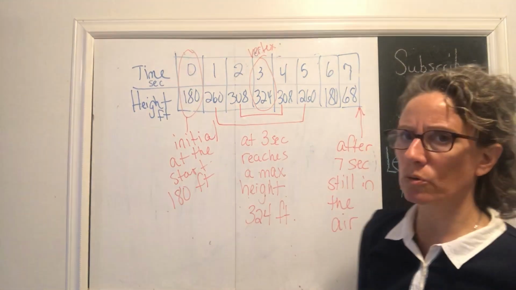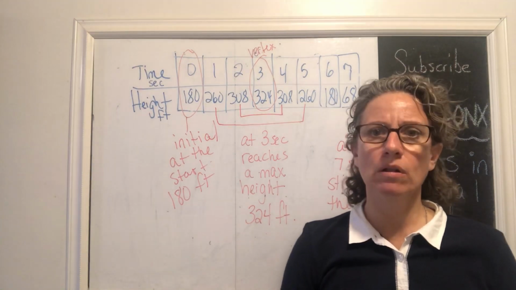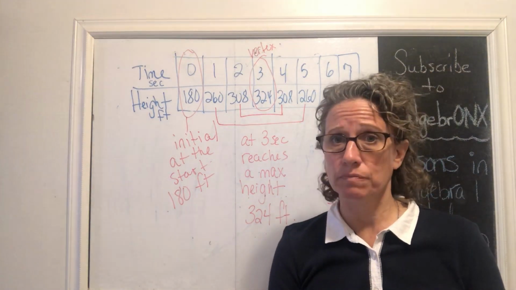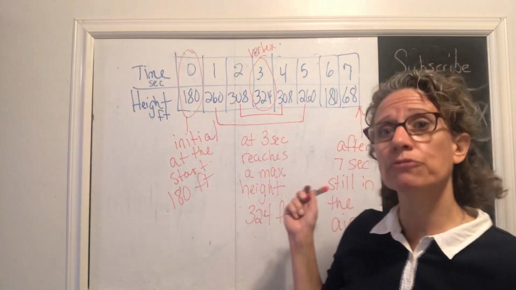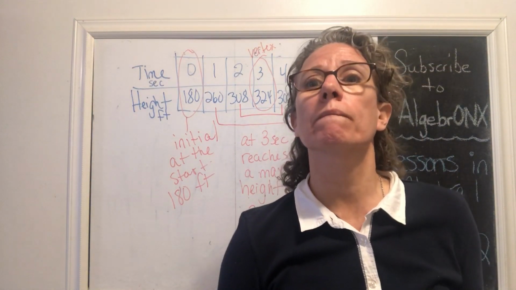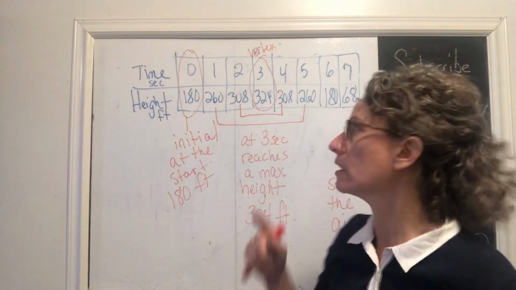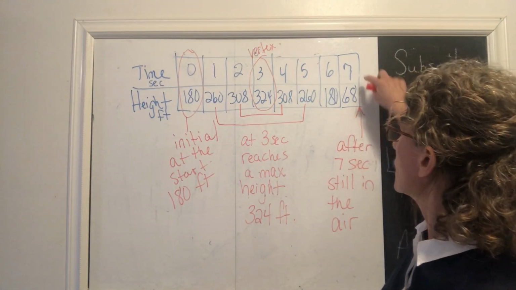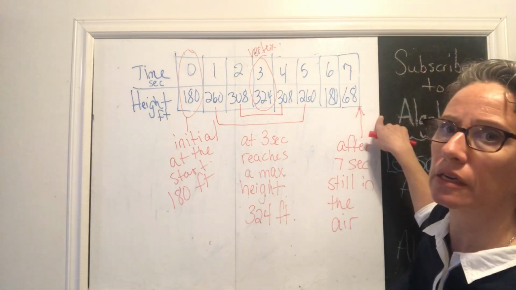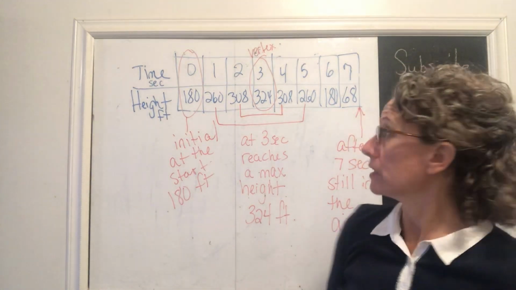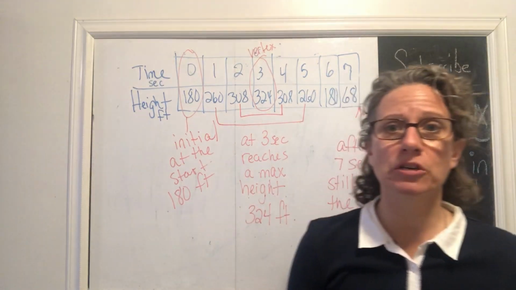If I had a 0 along the table for the height, that would indicate that it landed. Or if it went negative, that would indicate that between 2 seconds it landed somewhere, but it's not, so we're good. All right, so that's all the information that I'm going to have.